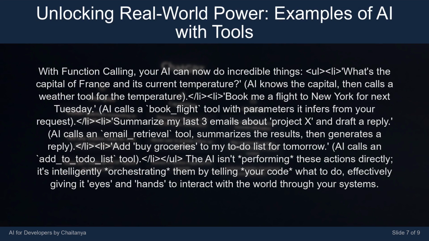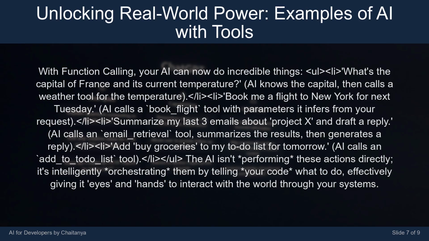With function calling, your AI can now do incredible things. Ask, what's the capital of France and its current temperature? AI knows the capital, then calls a weather tool for the temperature. Or, book me a flight to New York for next Tuesday.